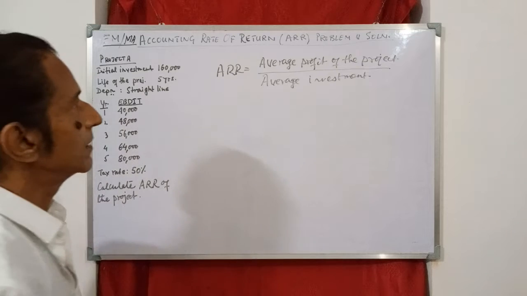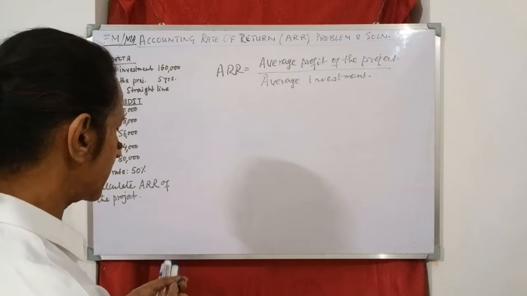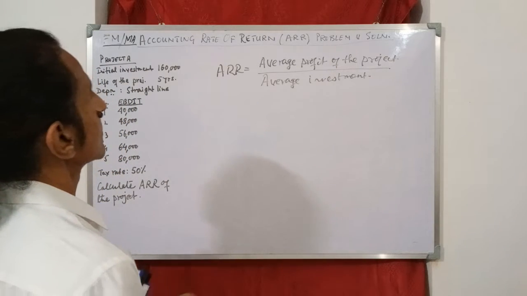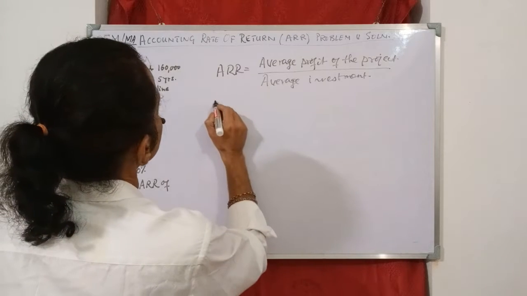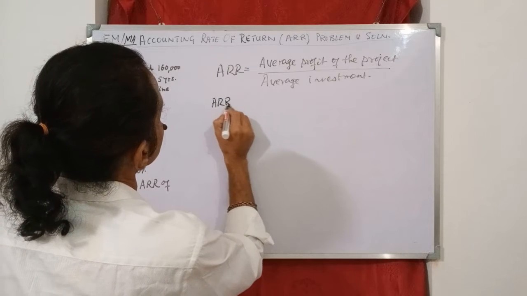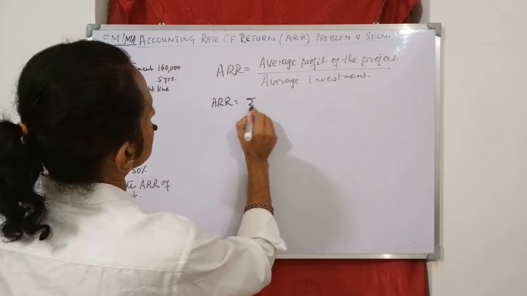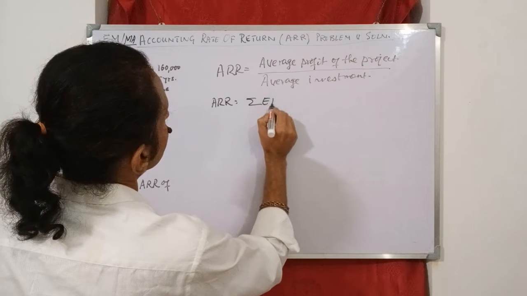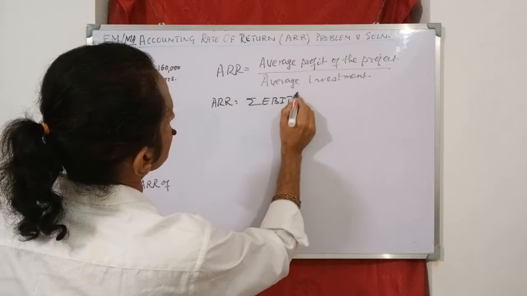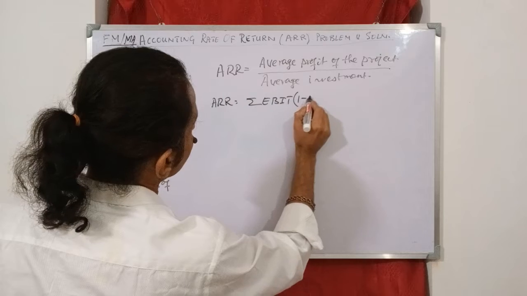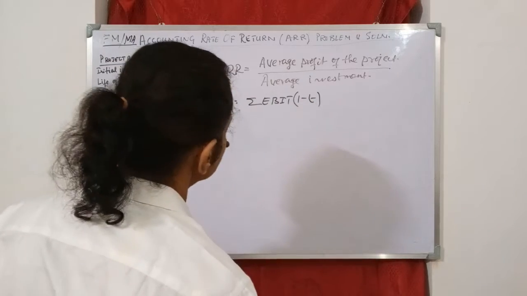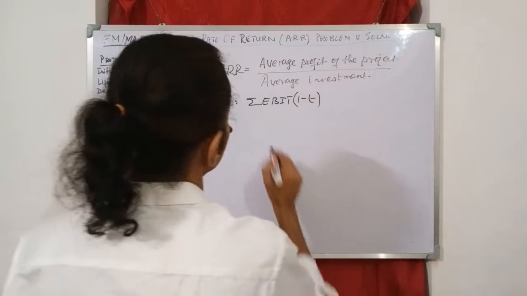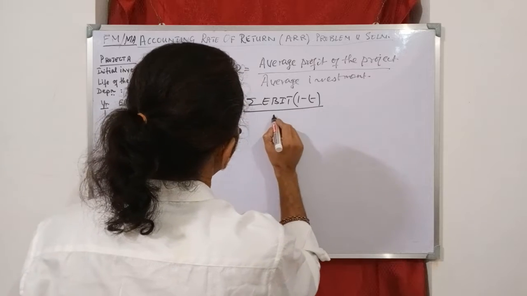And mathematically you can write ARR is equal to sigma EBIT multiplied by, within bracket, 1 minus T, where T is the tax rate, divided by n.